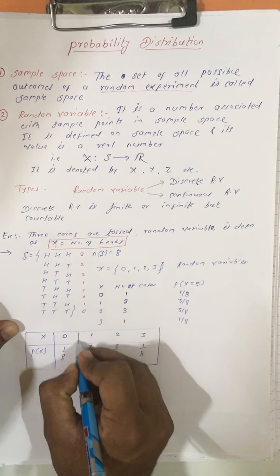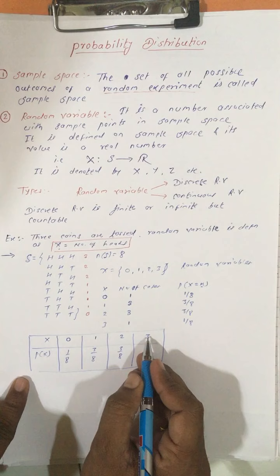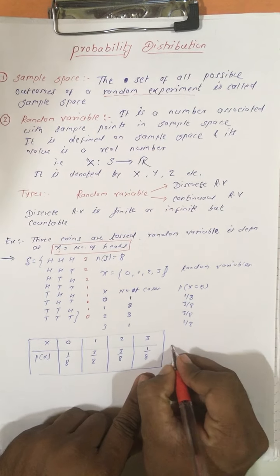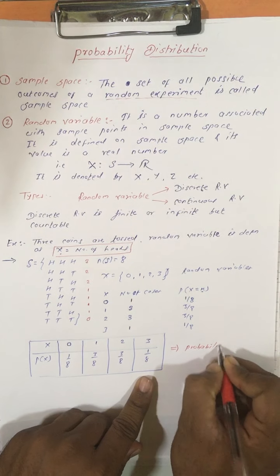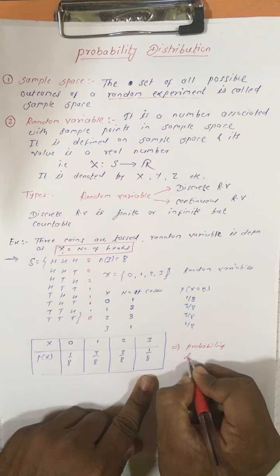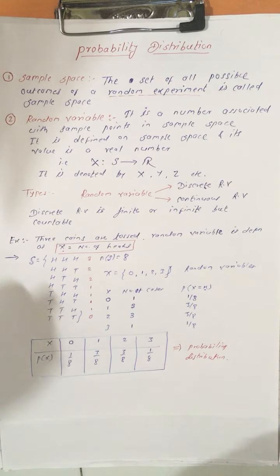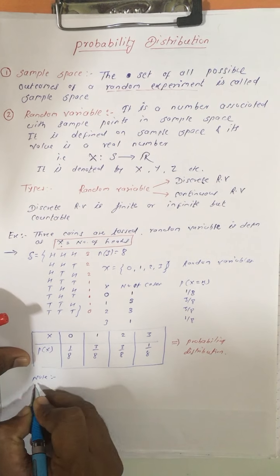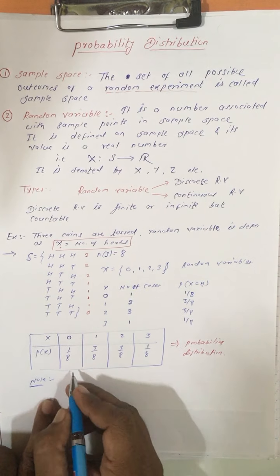This tabulated form of a random variable and its probabilities is nothing but the probability distribution. In this, we have to see 2 points. All these probabilities are positive.